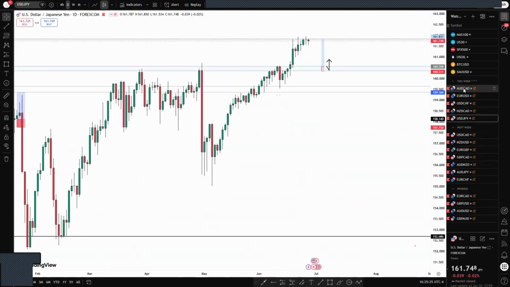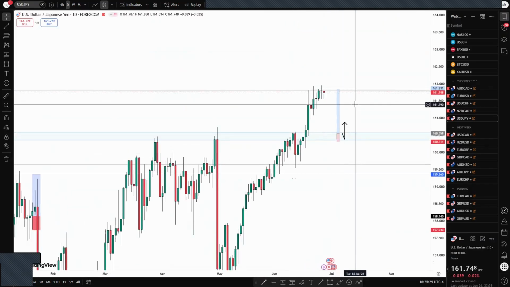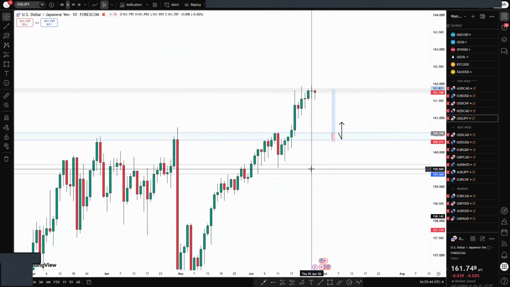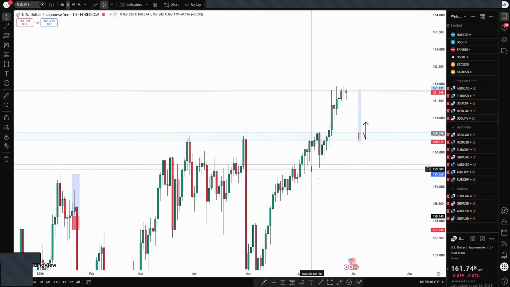This one I've just put it to make balance, at least we have a JPY pair. Let's see.